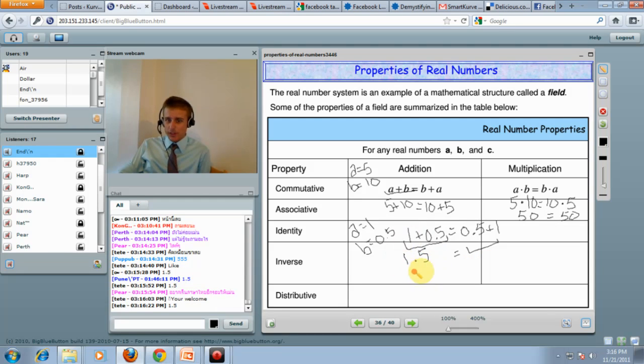It's very similar to this one. Yes, 1.5. Thank you very much. That is what the commutative property is saying. That you can switch the order of A and B, and it will give you the same answer. 1 plus 0.5 is the same as 0.5 plus 1.